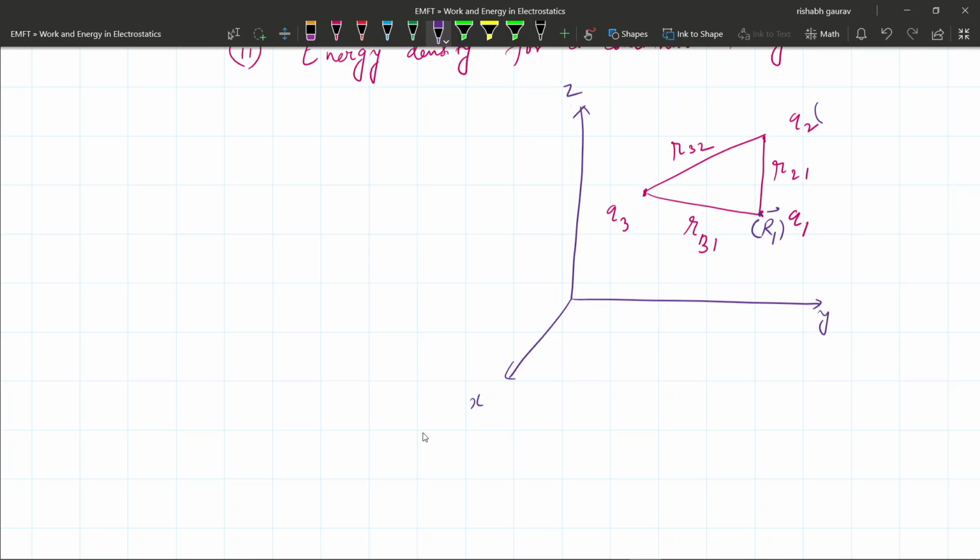Similarly, Q2 is present at the position vector R2 and Q3 is present at position vector R3.